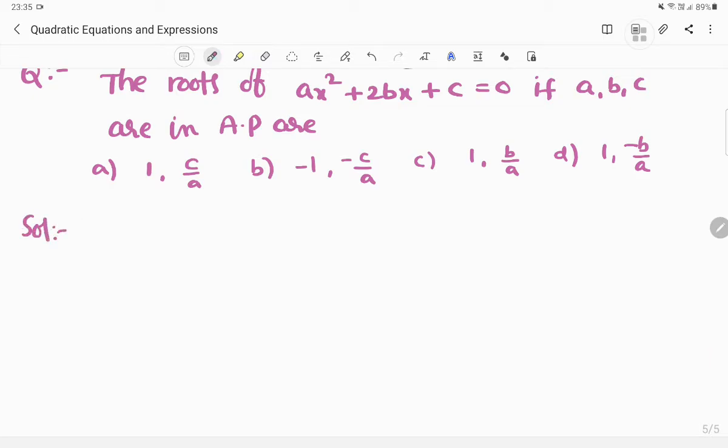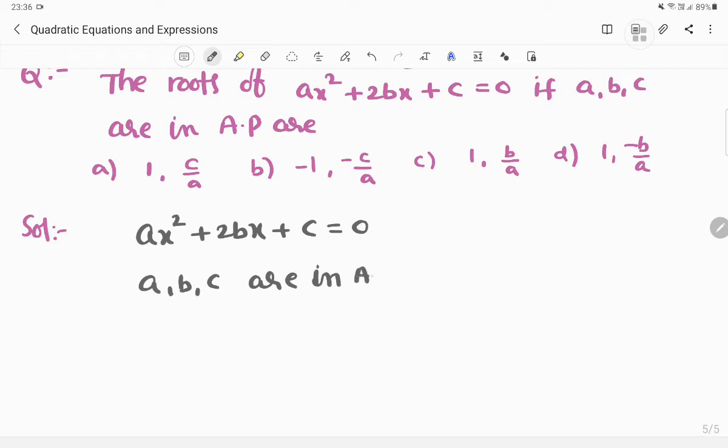So how to do that? We can use the properties we discussed. What is the given quadratic equation? ax square plus 2bx plus c equal to 0, with a, b, c in arithmetic progression.